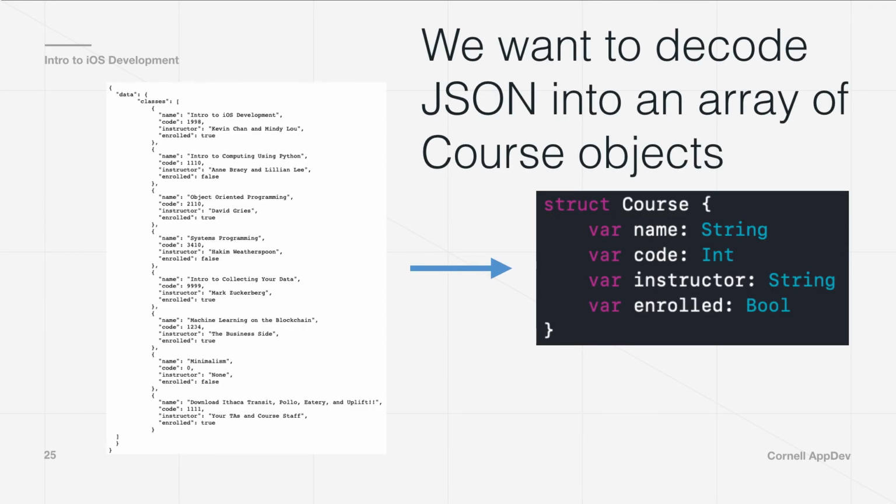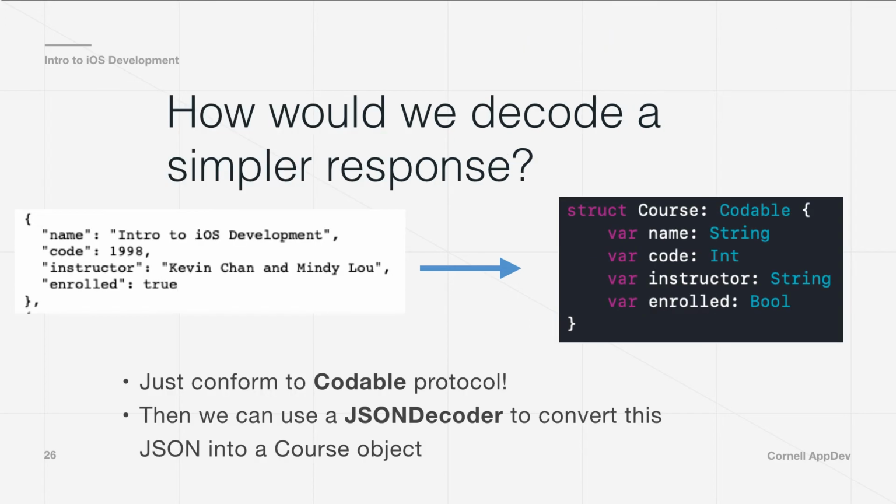What we need to do is change something about our model, because in Swift we have this struct Course with the same keys that you saw in the JSON. There's a really nice way that we can immediately decode our JSON into our Swift struct, and we use something called a JSON Decoder. It's in the name. A JSON decoder is something we can initialize, and it does all of the work for us.